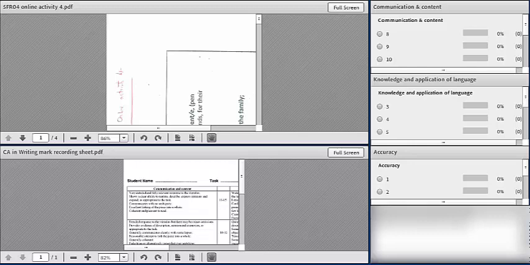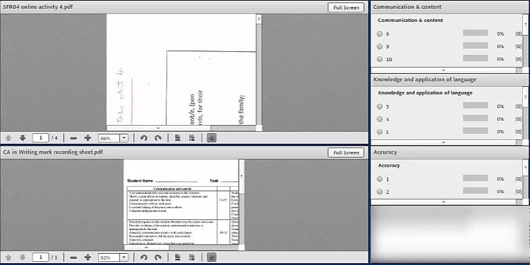So remember what I said earlier about the range being really important. The vocabulary was always relevant, and it was quite varied and reasonably complex as well. So this candidate was awarded 9 for knowledge and application of language. And again, most of you have put that, the majority have put 9.